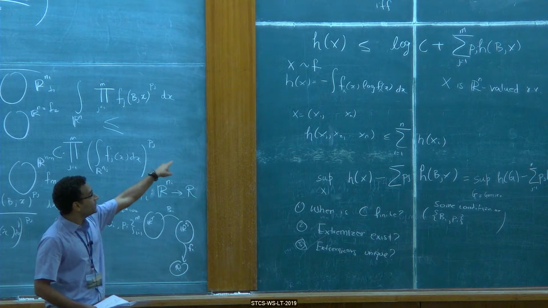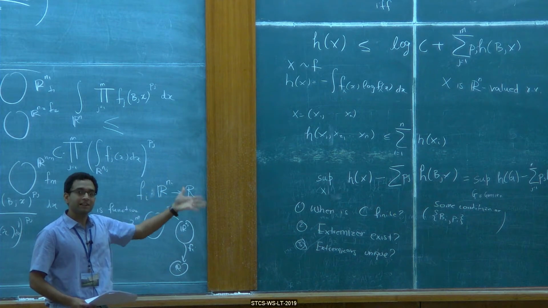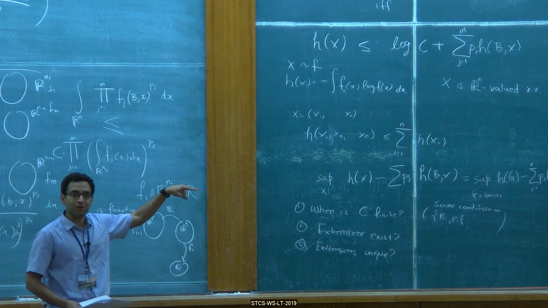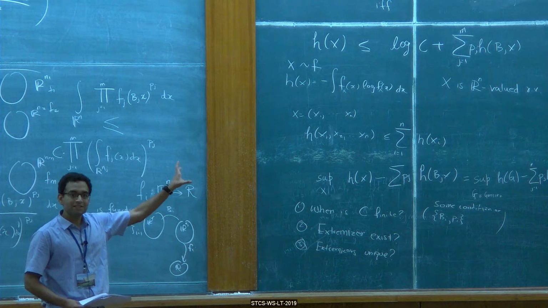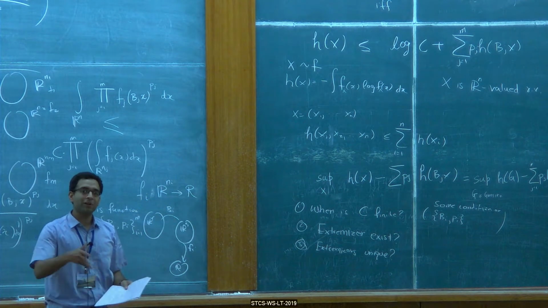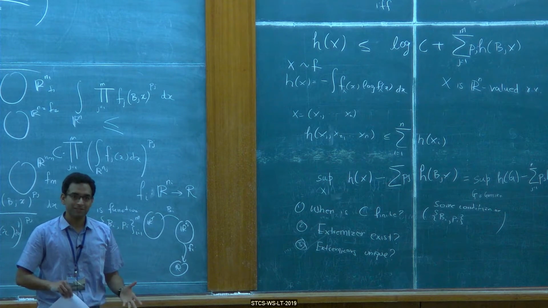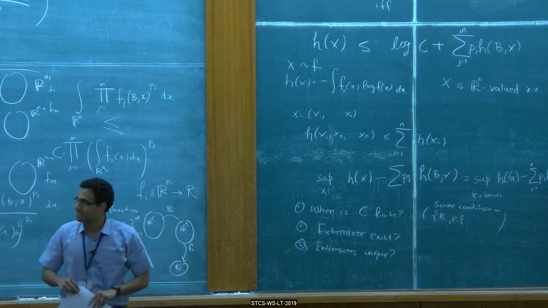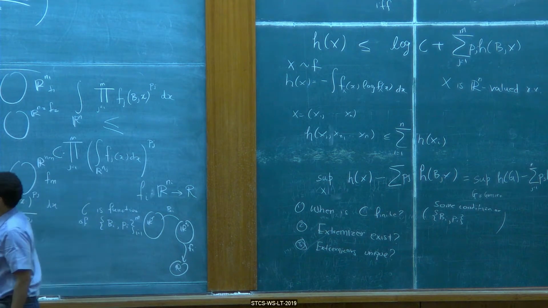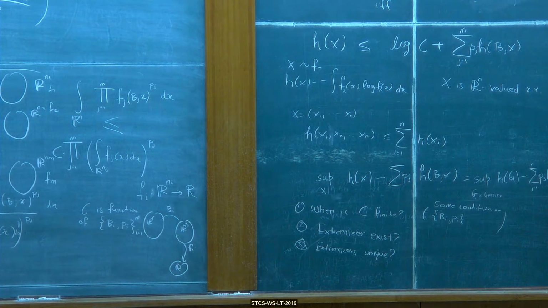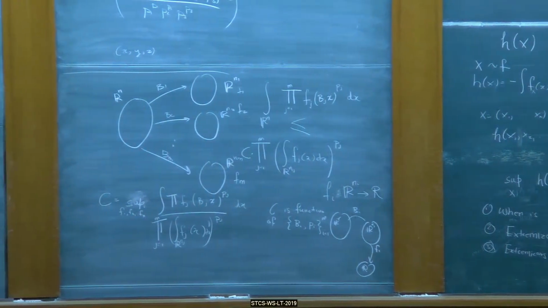When you are talking about h of bj of x, that is the integral of its density fj log fj. It's the same thing. It's just a notation. So entropy of x is the same as entropy of its density. So h of fj is the same as h of x. It's just that bj of x has density fj. So this h of fj is h of bj of x. It's the same thing, just different ways of saying the entropy of the same object.